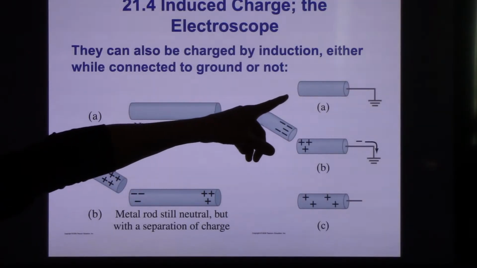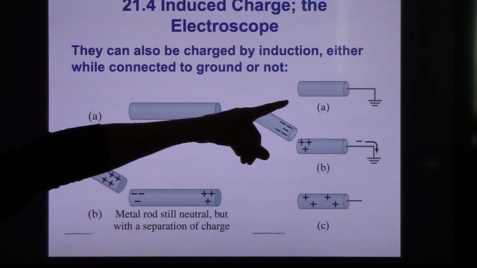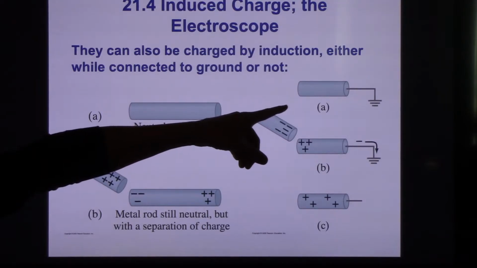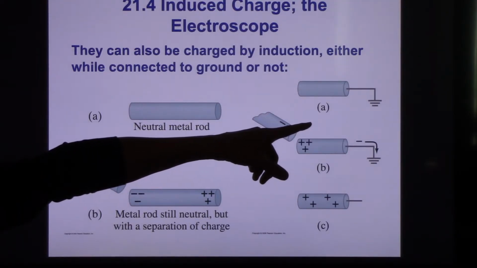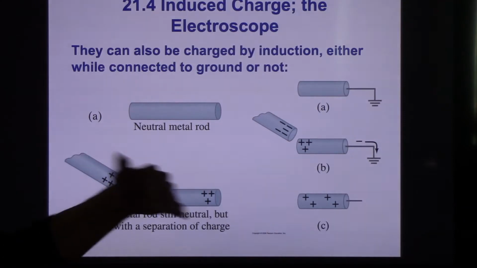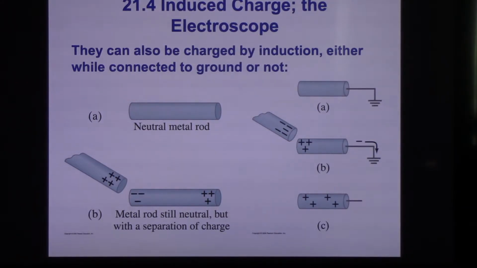What we can do is take something that is electrically neutral. It's currently grounded. That little symbol over there with the three lines is a grounding symbol. Now, ground means that the object is connected to something that can serve as a reservoir of electrons.